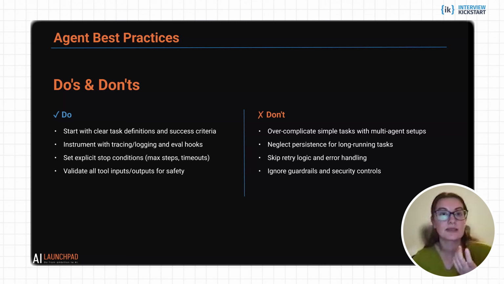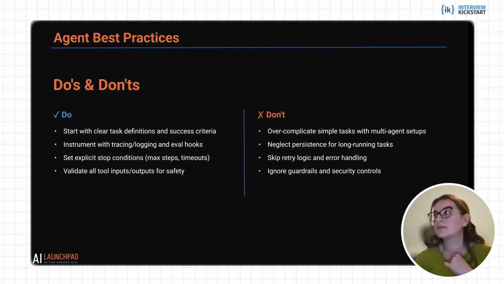You should set explicit stop conditions. You shouldn't allow it to think forever. You need to validate all tool inputs and outputs, create the checkpoints, check that the data makes sense. And no system is perfect, so you may embrace the human in the loop, and integrate human checkpoints intentionally.